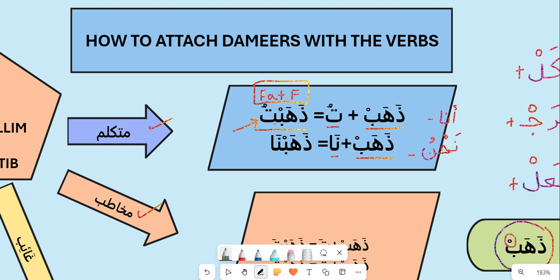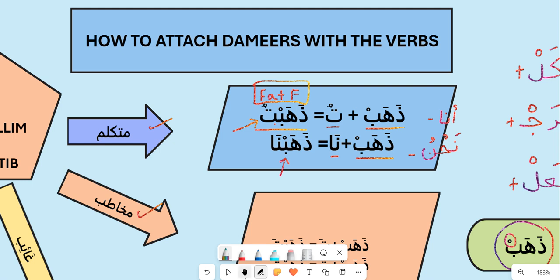The moment you have both of them, you have your jumla fi'liyya. Dhahabtu means I went. Similarly, attaching noon al fa'ilin with dhahab gives dhahabna. In all the structures, you see the ba, the last letter of the fi'l, has a sukoon here.